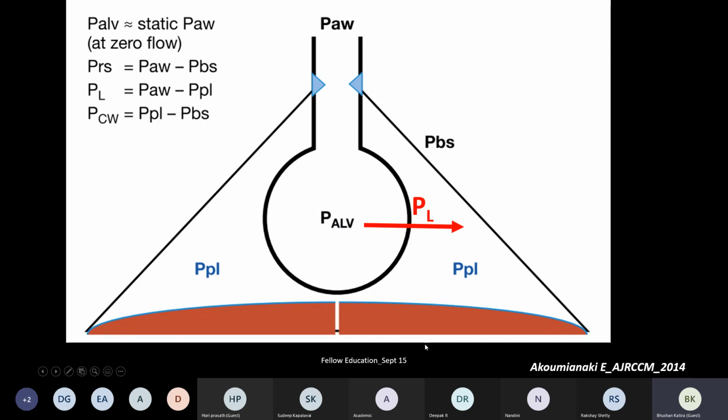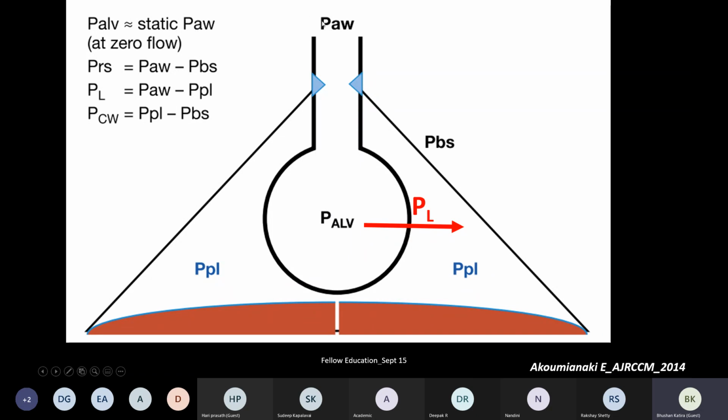Now this is a very good schematic representation from 2004, in blue, to justify why understanding transpulmonary pressure is important. The alveolar pressure is at static PA.